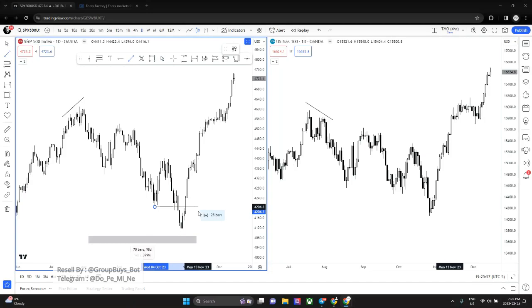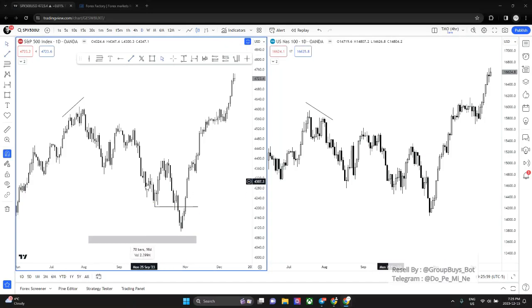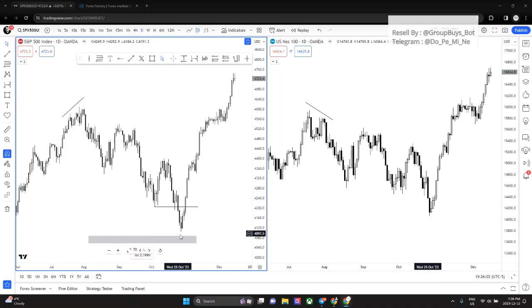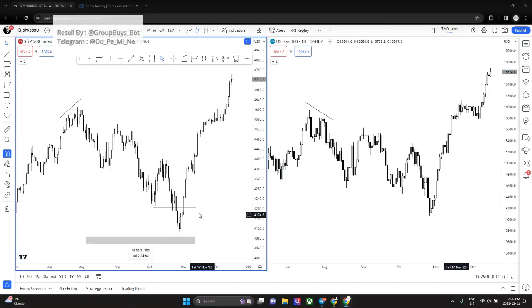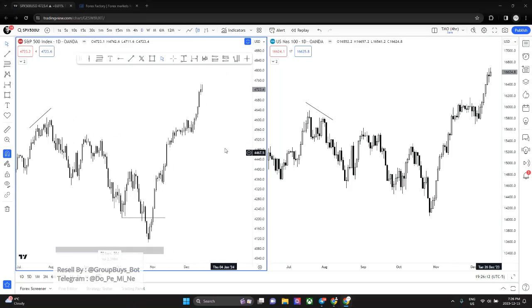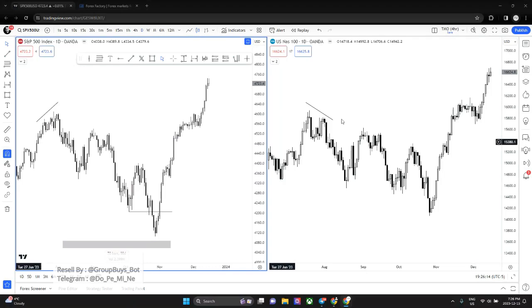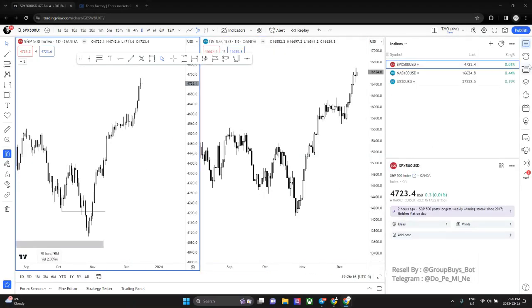Price dropped below this low, took the liquidity below this low, and rallied during the time when it's supposed to do this. So how can we use this to help us in the future? Like this.